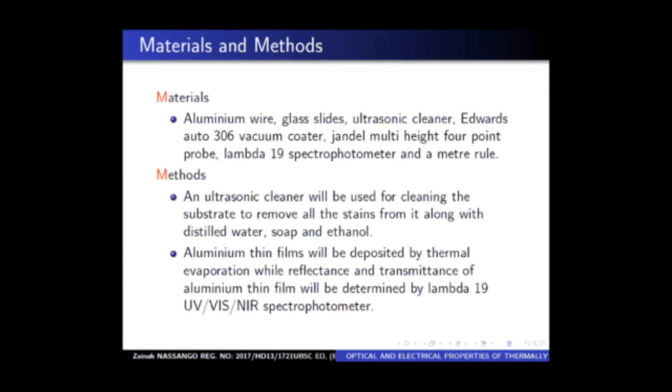I'll use the ultrasonic cleaner for cleaning my substrate to remove all the stains from it, along with distilled water, soap, and ethanol. Then the deposition, using thermal evaporation, will be done using the vacuum coater. Reflectance and transmittance of the films formed will be determined using the Lambda 19 UV-Vis-NIR spectrophotometer.